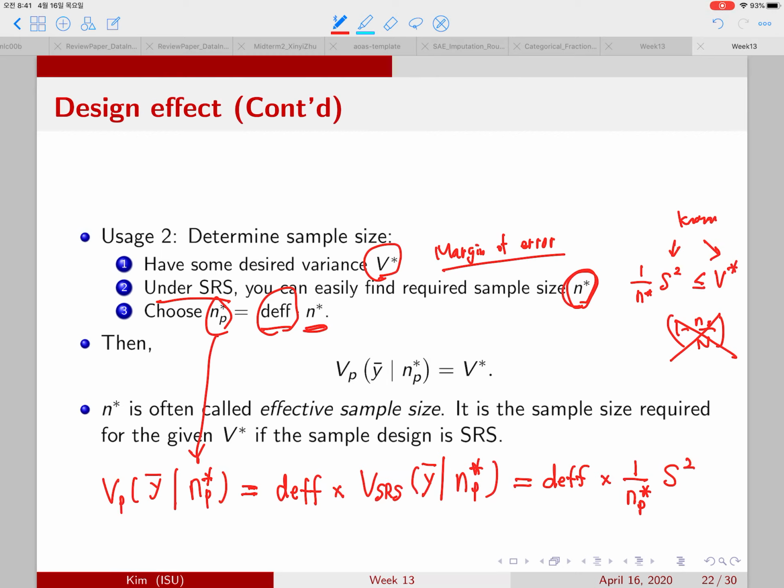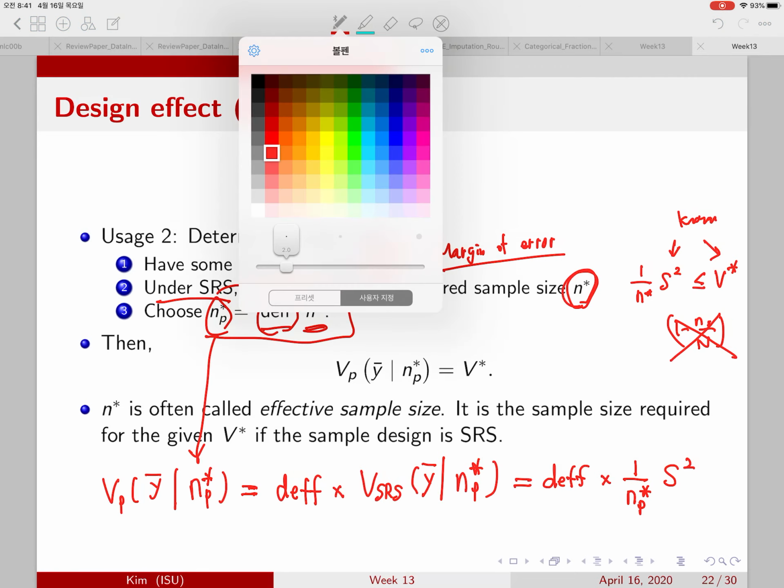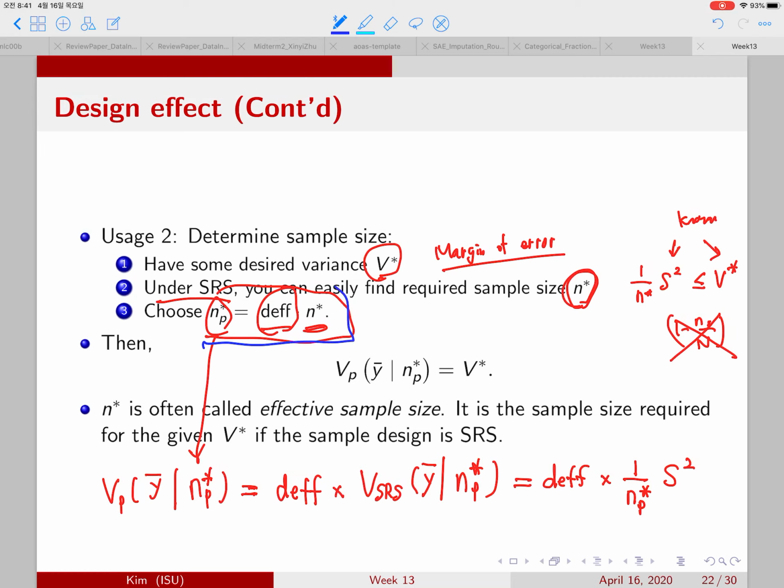Now using this formula, what happens? This formula implies that this is equal to 1 over n star, as in step 2.